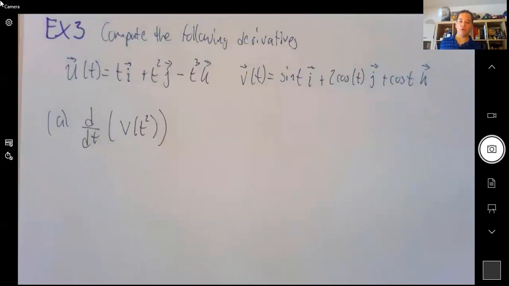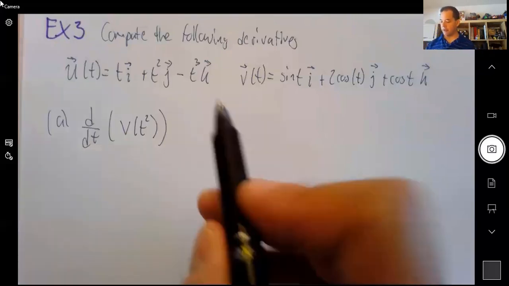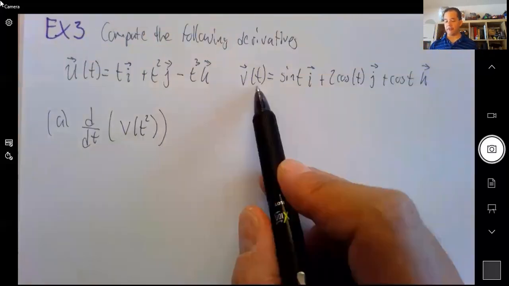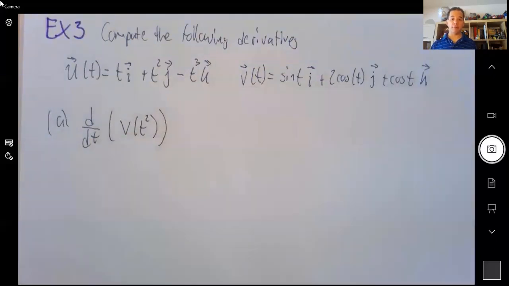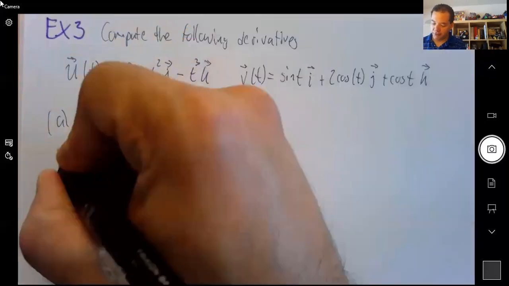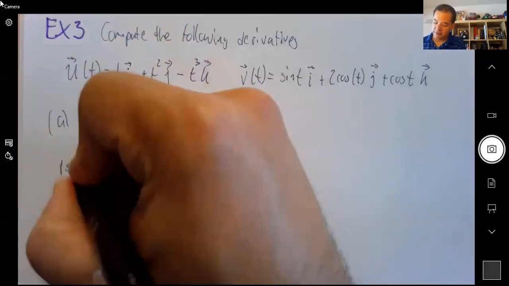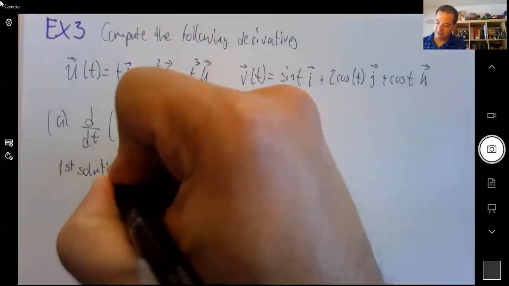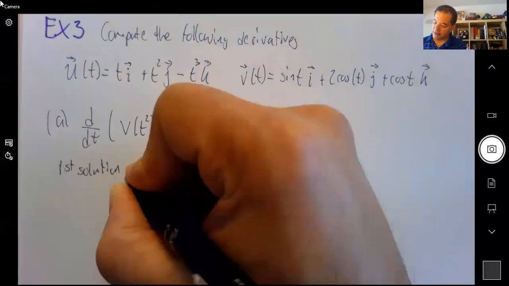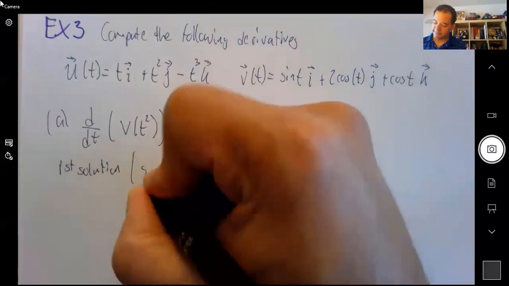So, of course, you can do this two ways. You can just plug t squared in v and then take the derivative. That would be one way, an acceptable way. And the other is to use kind of like the chain rule, which is the second way. Okay, so I'll show you both ways. So, two solutions. First solution, and I call this straight substitution.